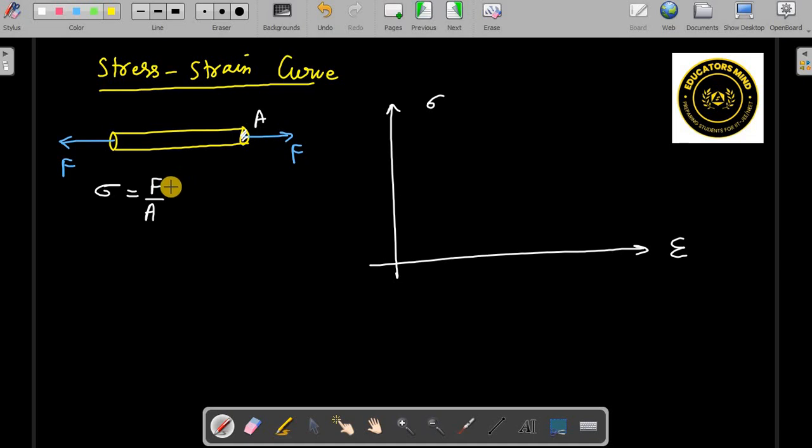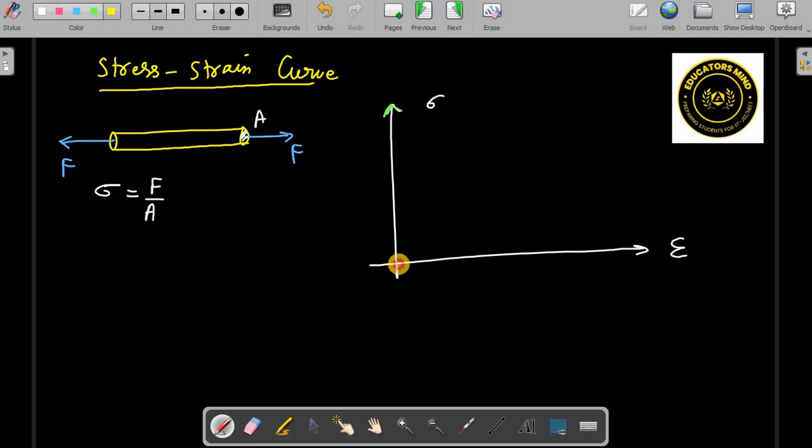So this is not the true stress-strain that we are talking about; this is theoretically taken, so the actual graph may not be exactly the same. But how does the graph look like?